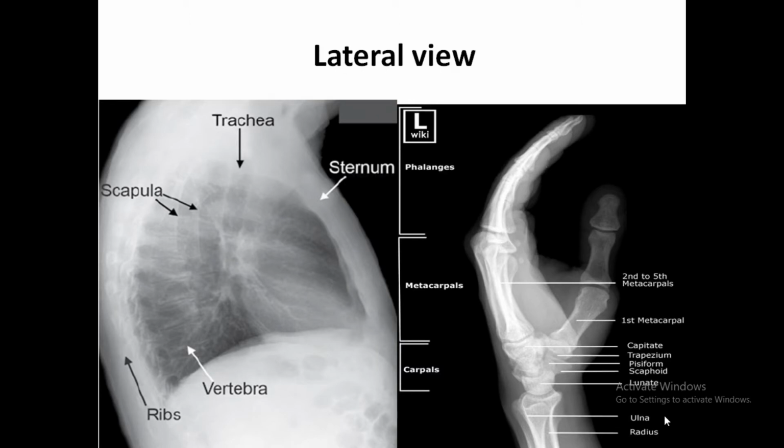You could see the lateral view of the chest showing the trachea, scapula, sternum, vertebrae, and the ribs. And on the other hand, you could see the lateral view of the wrist joint and the hand.